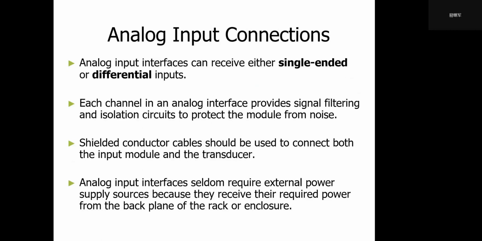Analog input connection. An analog input interface can receive either single-ended or differential inputs. Each channel in an analog interface provides signal filtering and isolation circuits to protect the module from noise. Shielded conductor cables should be used to connect both the input module and the transducer.